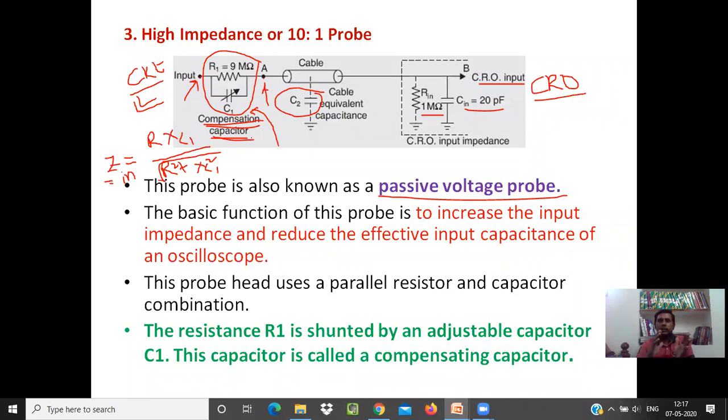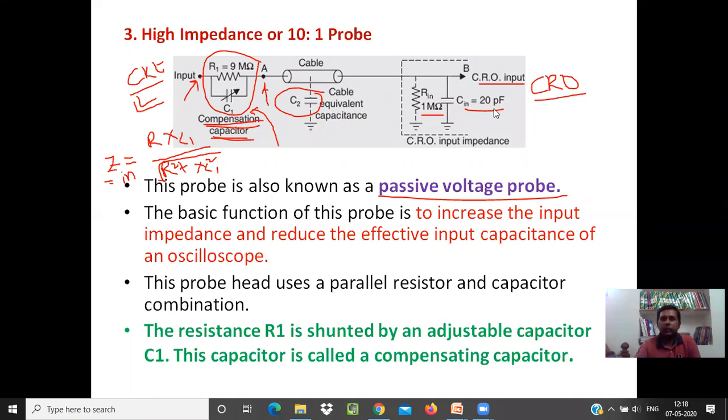So we can classify active probes and passive probes only based on the components used at the input side of the probe tip. That's why this is known as a passive voltage probe. The second point is that the basic purpose of this probe is to increase the input impedance and reduce the effective input capacitance of the oscilloscope.